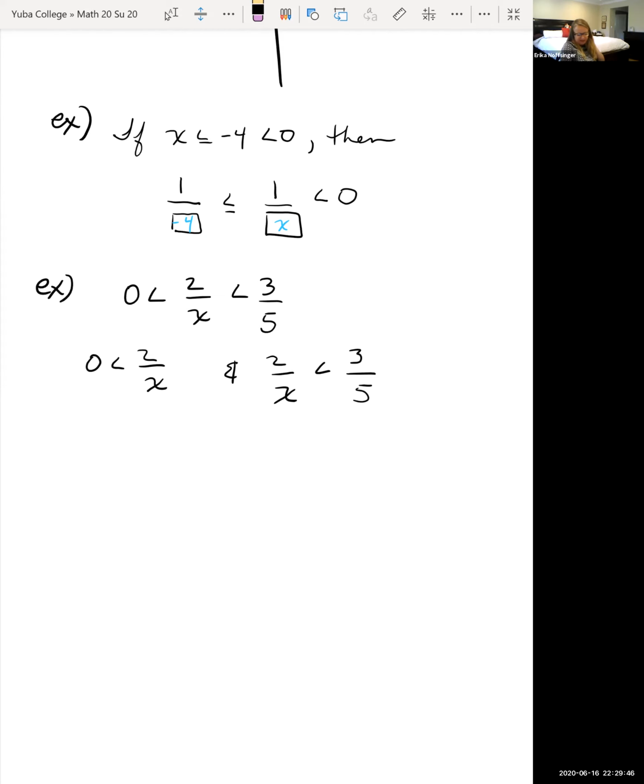And I think this is where there's a problem. I guess it's not technically a problem. Notice here, if we multiply both sides by x, I get 0 times x is 0, is less than, those x's cancel, 2. That's always a true statement.